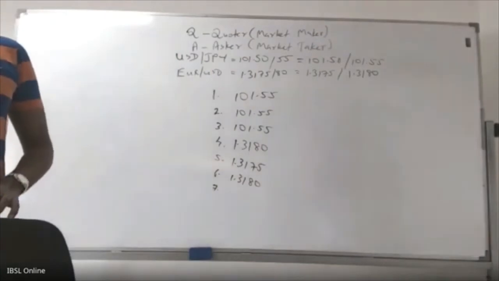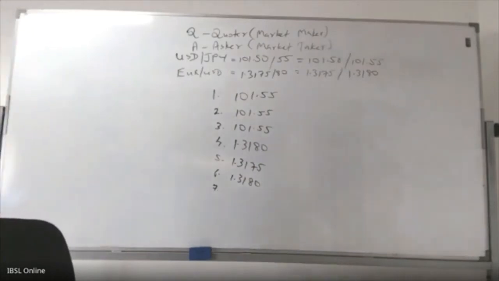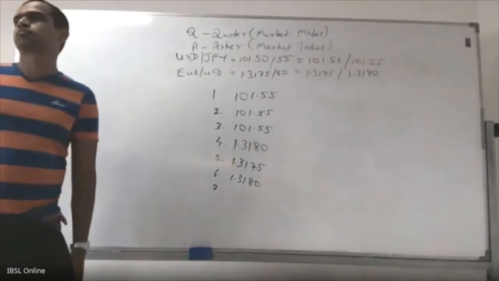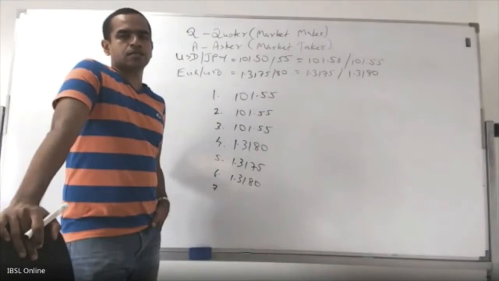Number 7. At what rate will the quoter sell yen on dollar yen?